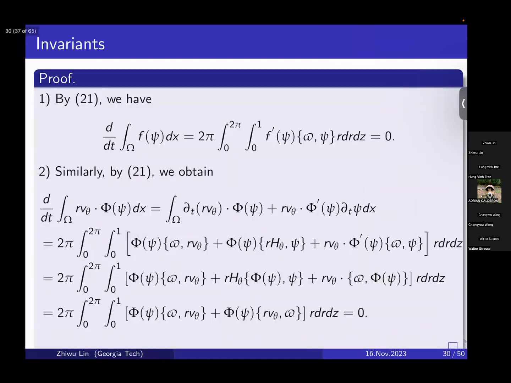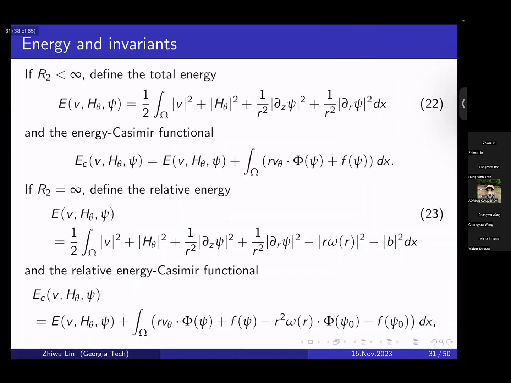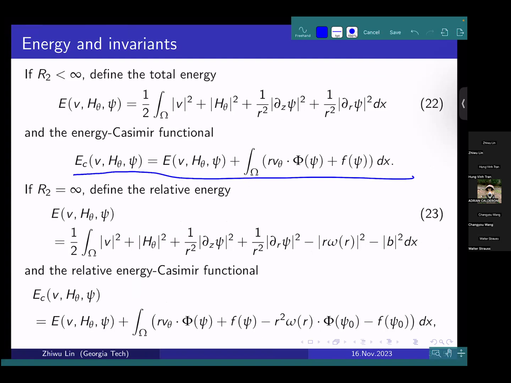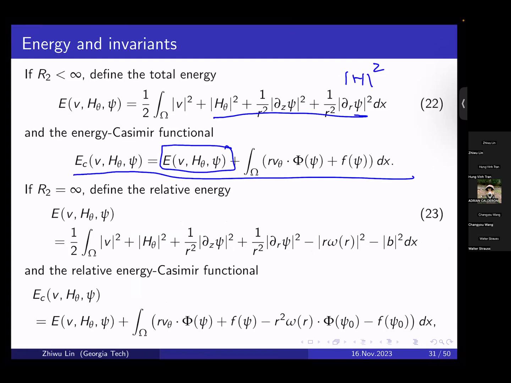By using this invariance, we can construct an energy-Casimir functional. The functional has two parts. The first part is the total energy, the kinetic energy plus the magnetic energy. These three terms add up to the total magnetic energy.